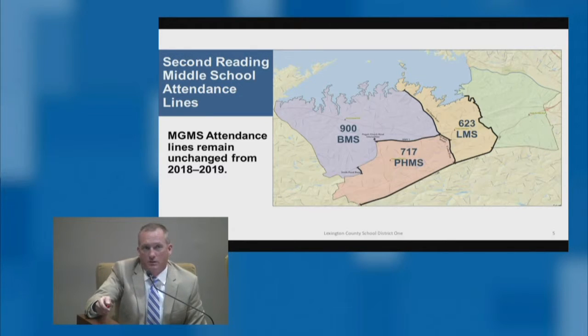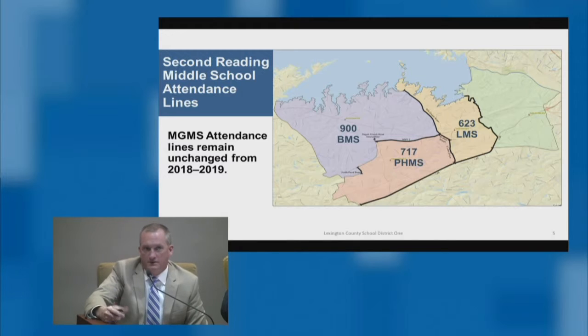Lexington Middle School would be this area here. We would use the high school boundary still for that, creating that true feeder pattern. Beechwood would include around 900 students, and Pleasant Hill at 717. Lexington Middle School would be a little bit smaller at 623.